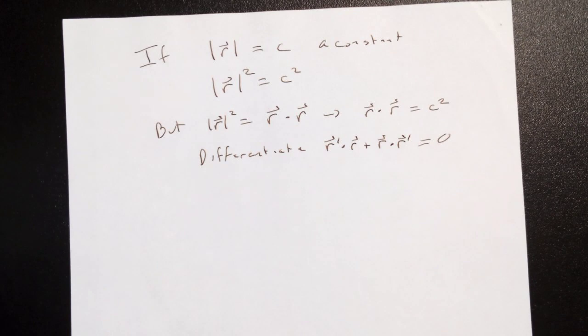So far, so good? Wait a minute. This is a dot product, right? Does the order matter in the dot product? I know the order matters in the cross product. Does the order matter in the dot product? A dot B versus B dot A. Chapter 12, section 3. Turn back and take a look.